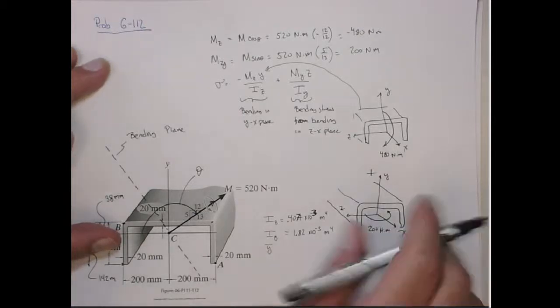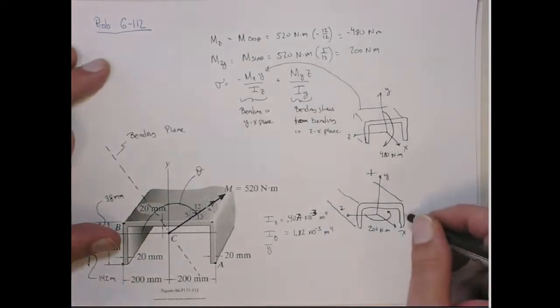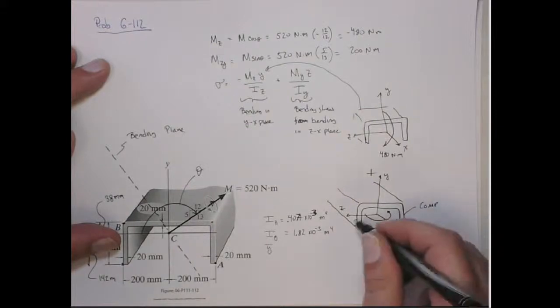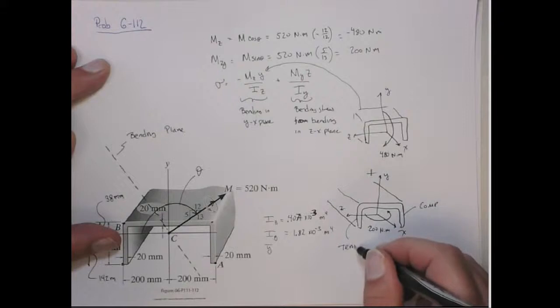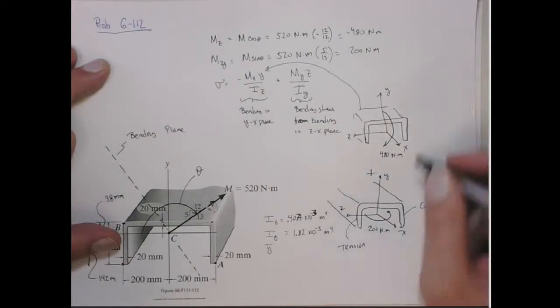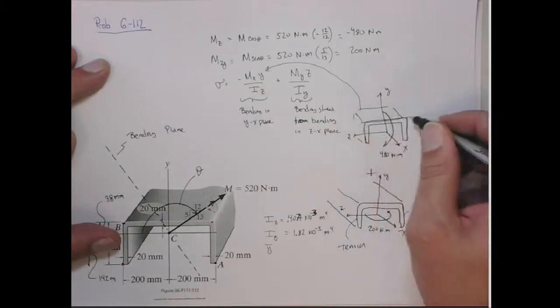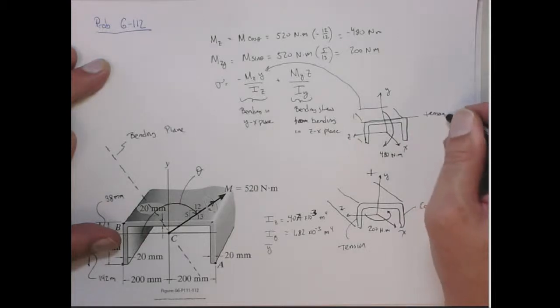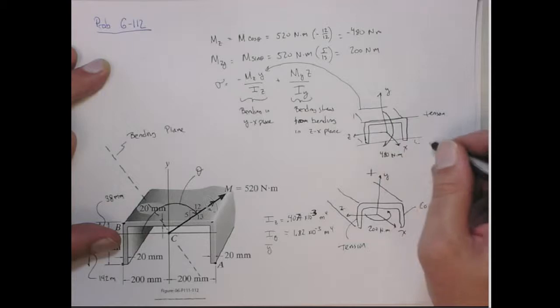So this is the one that puts this side into compression, and this side will be in tension. Likewise, this one will put this edge in tension, and this edge in compression.